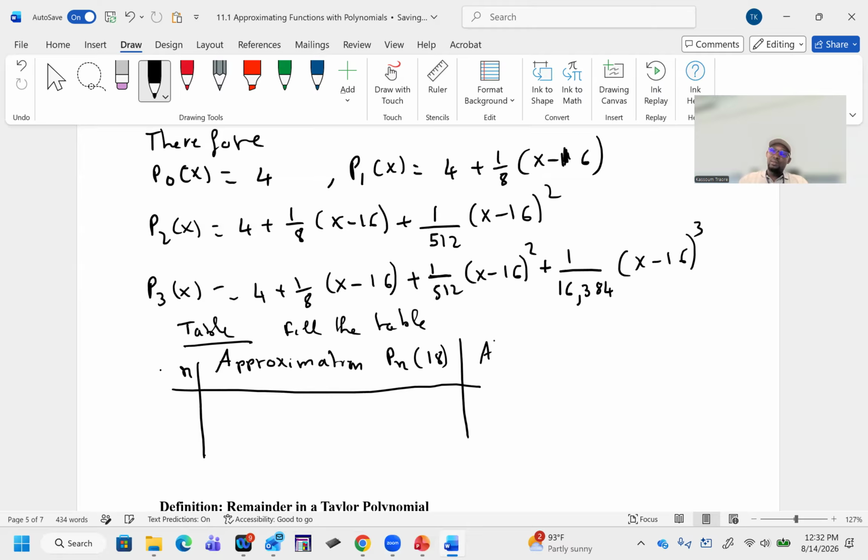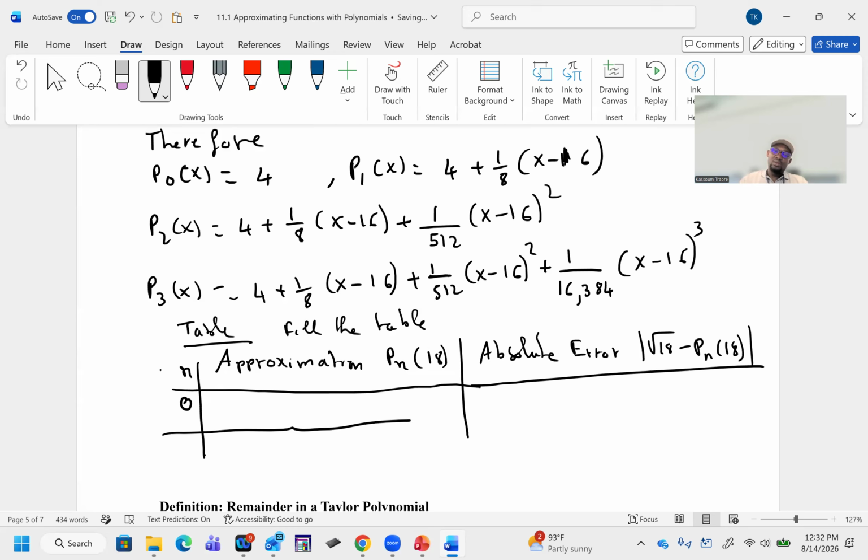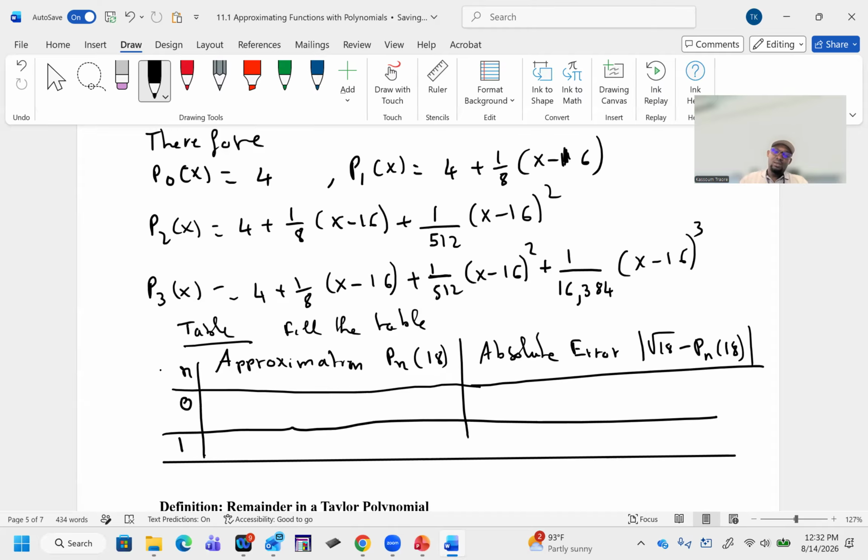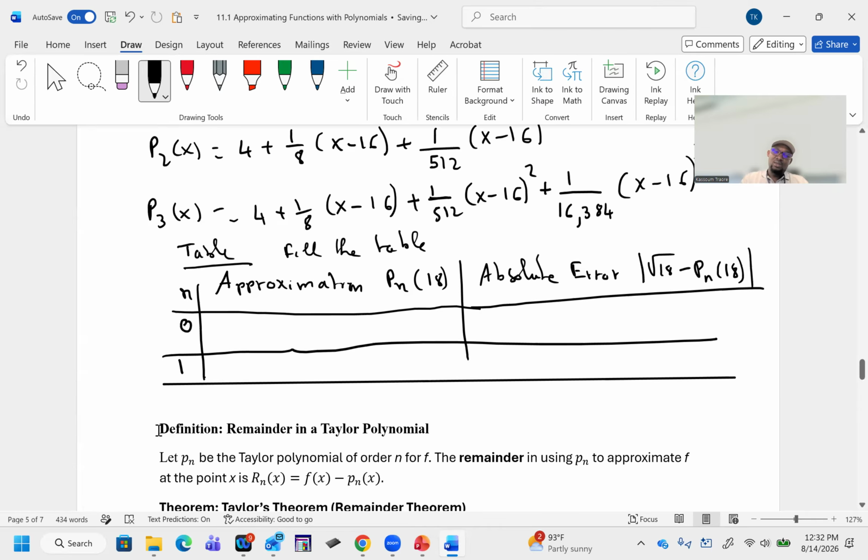Absolute error, which is square root of 18 minus P sub n of 18. So you use when n is 0, when n is 1, when n is 2, and when n is 3.